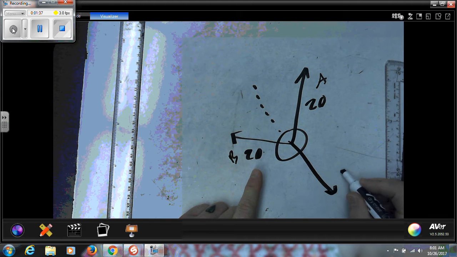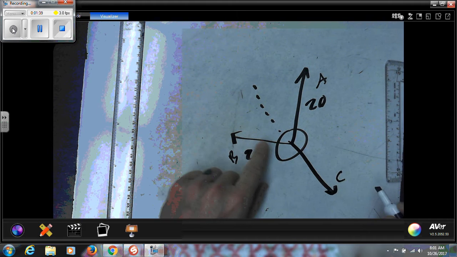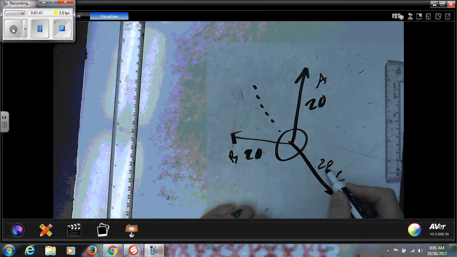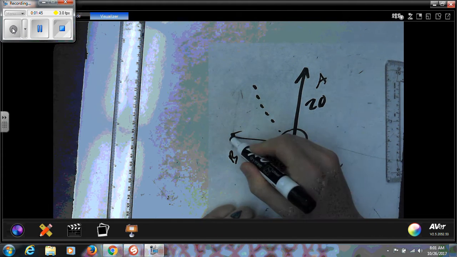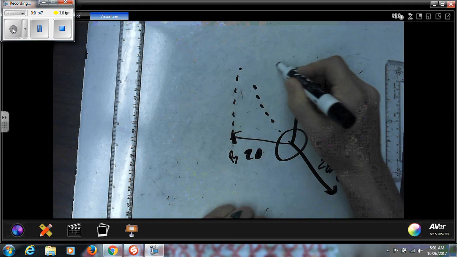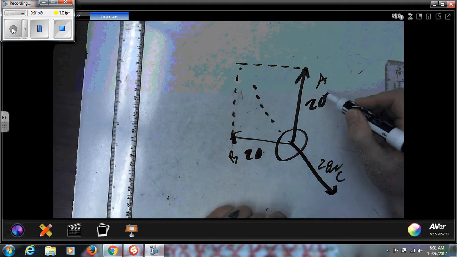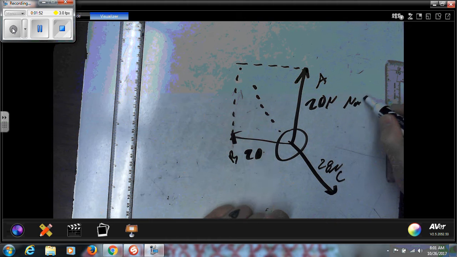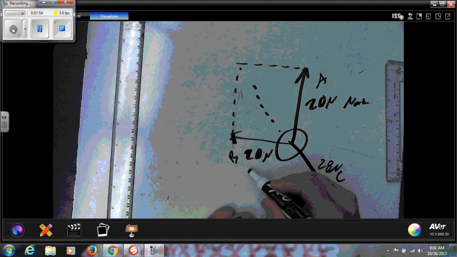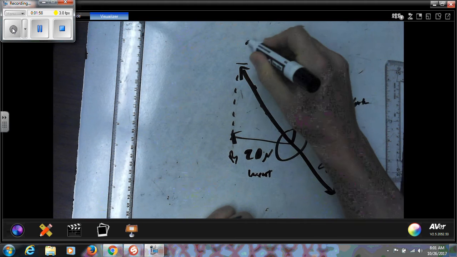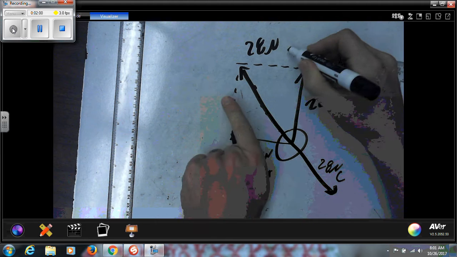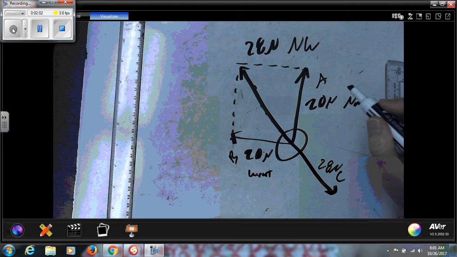You can call that a C scale if you want to. Experimentally, we found that to be 28 newtons, exactly opposite. So from that, we surmised that the net force of 20 newtons straight north plus 20 newtons straight west was actually 28 newtons in the northwest direction.